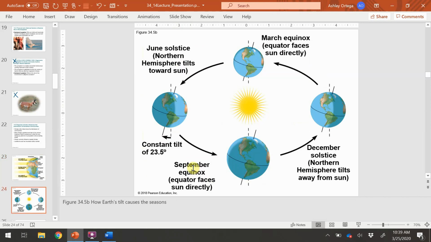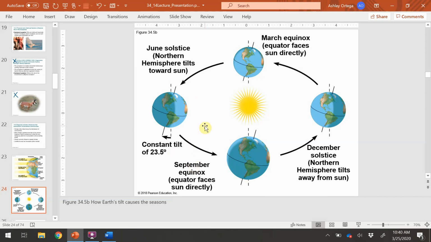Moving on to the next principle here, and that is the Earth's sphere is on an axis, it's on a tilt, and it's not perfect. There's a constant tilt that the Earth has when rotating around the sun. And so that causes our seasons. So looking here, let's start with June.